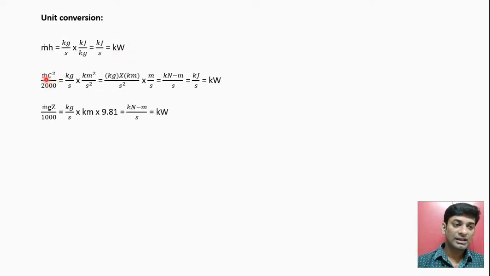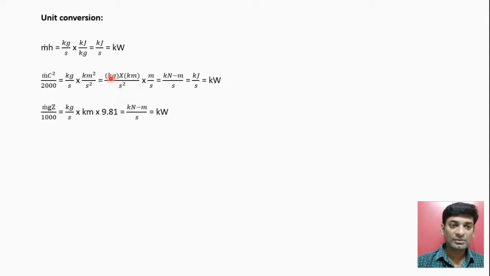Now here mass flow rate is kilogram per second. This C square is nothing but kilometer square per second square. This is very important. I am going to expand this unit in a suitable form. That is kilogram as it is. Instead of kilometer square, I am mentioning it as kilometer into meter. This remaining second is mentioned here. Now listen.